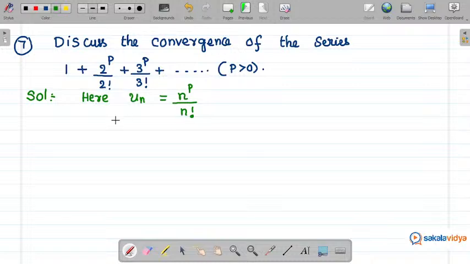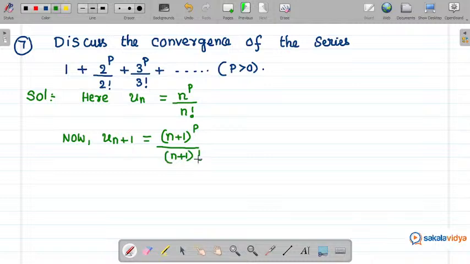Now what do we need to find out? Let us find un plus 1. So un plus 1 equals n plus 1 whole to the power of p, that means in the place of n write n plus 1, divided by n plus 1 factorial.